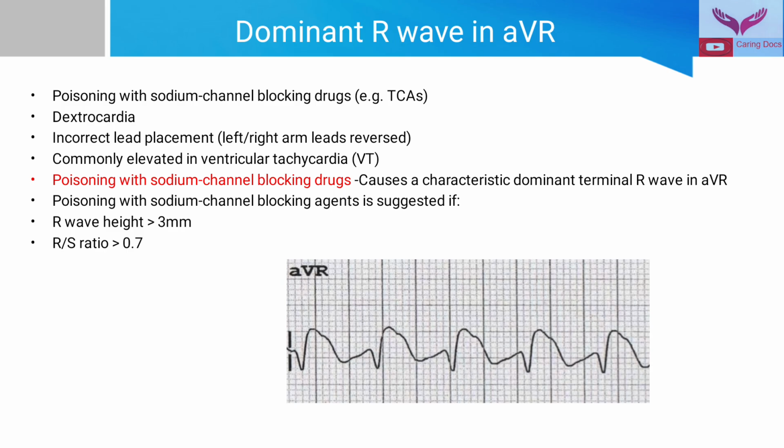Poisoning with sodium channel blocking drugs causes a characteristic dominant terminal R wave in AVR. Poisoning with sodium channel blocking agent is suggested if R wave height is more than 3 mm, R by S ratio is more than 0.7.